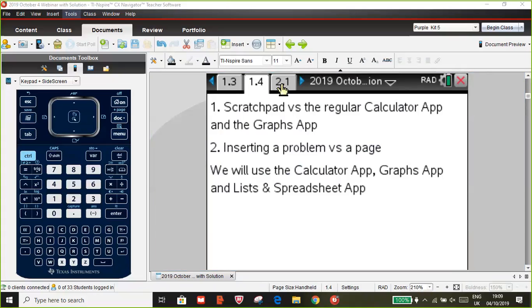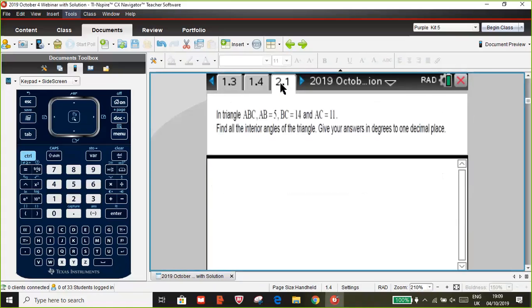Okay, so the first question, which happens to be this year's first question in the time zone 2 paper, is this. In this triangle ABC with the length AB equals 5, BC equals 14, and AC equals 11, find all the interior angles of the triangle.